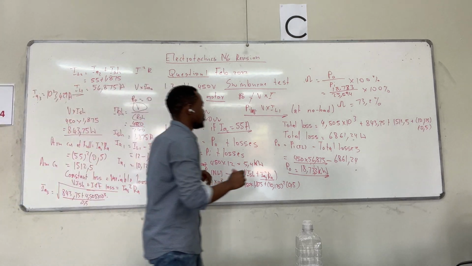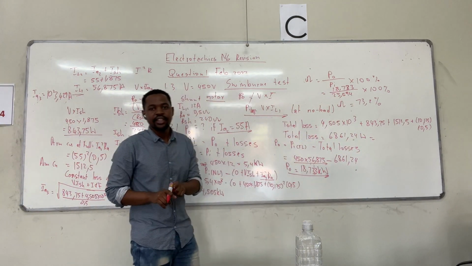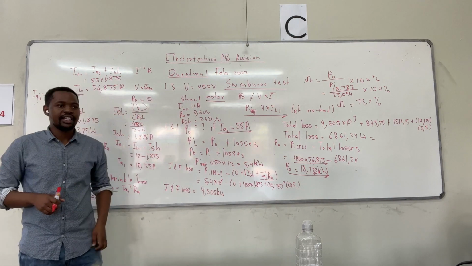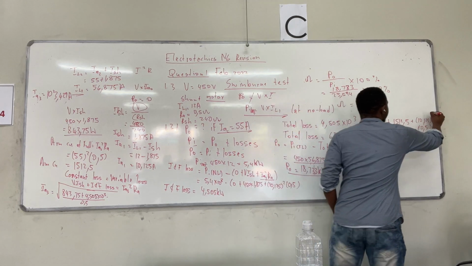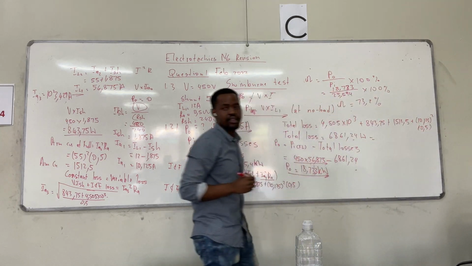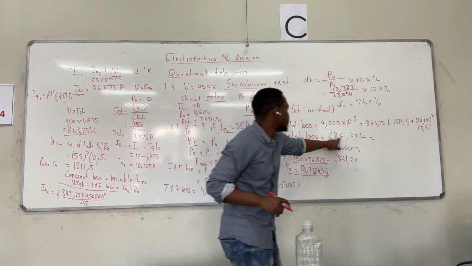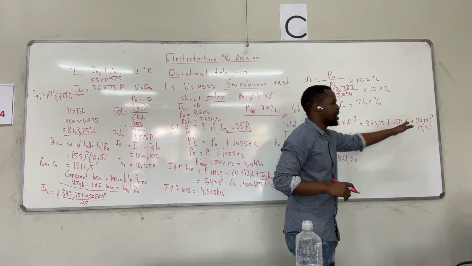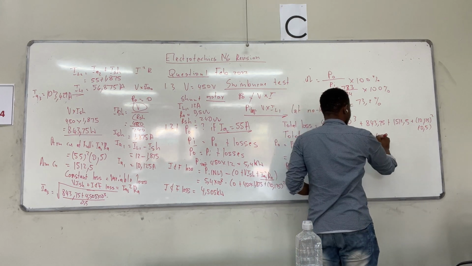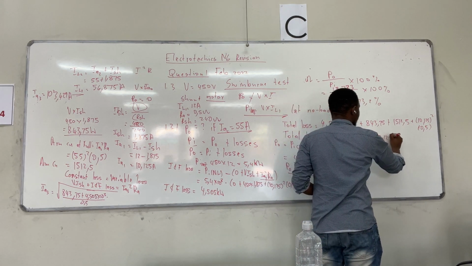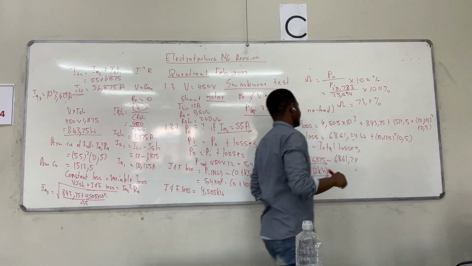Don't forget to square. So you add this value plus this value plus 10.125 squared times 0.5.